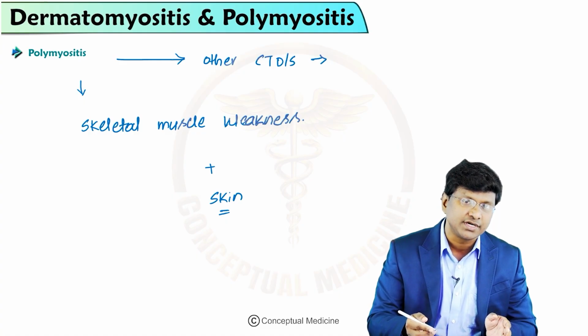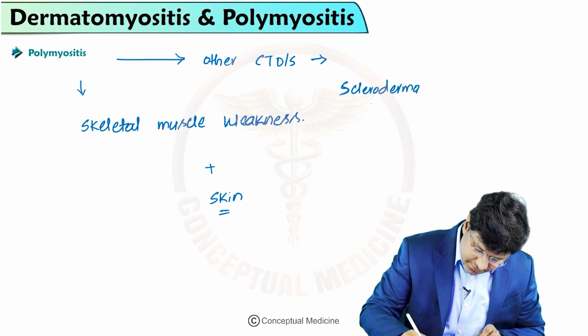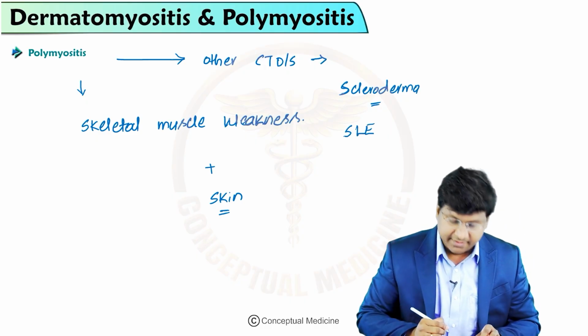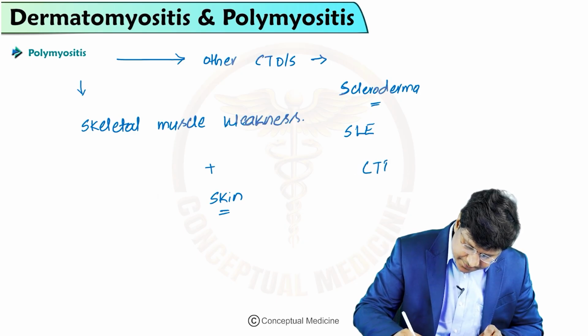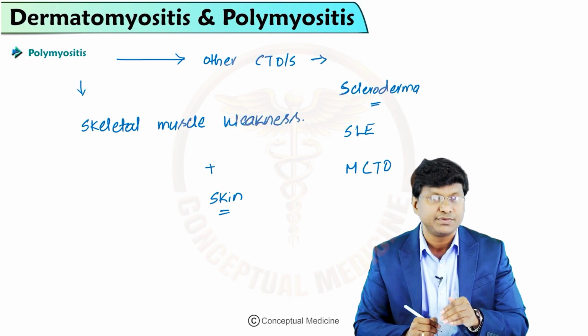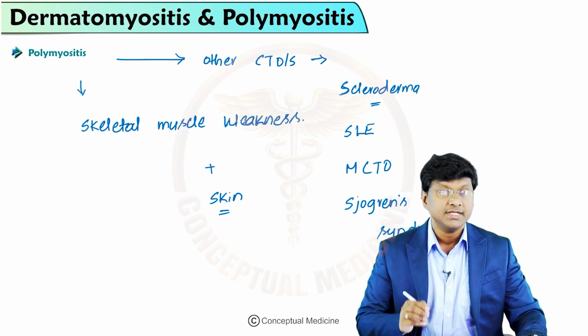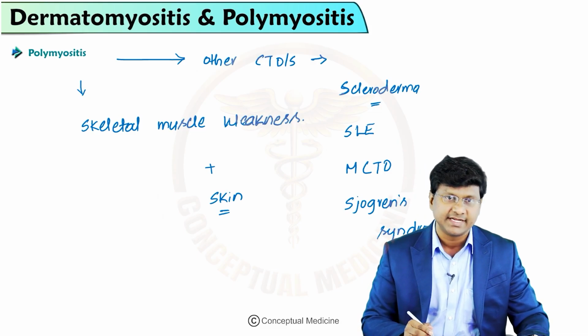The associated connective tissue disorders include scleroderma, systemic lupus erythematosus, MCTD, that is mixed connective tissue disease, and Sjogren syndrome.